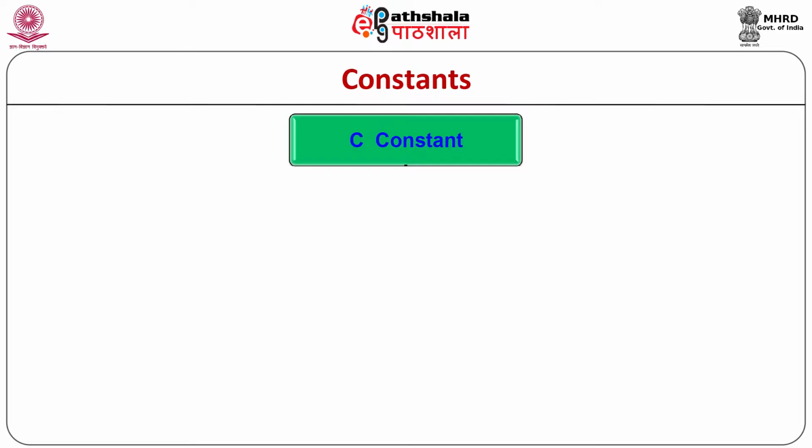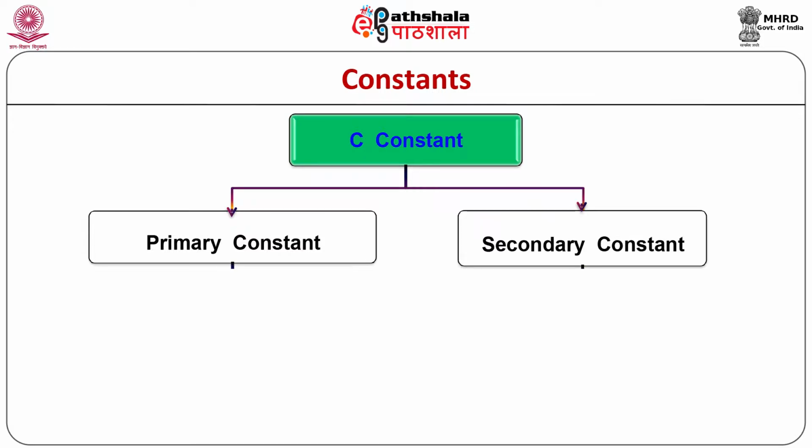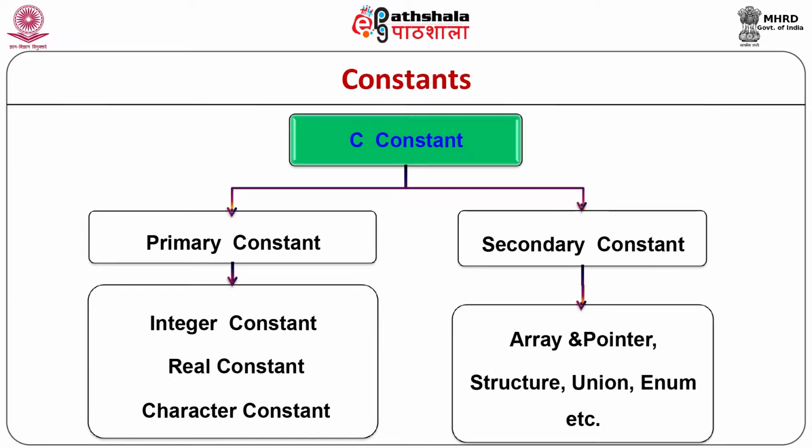Let us see constants used in C language. As we know, the constants in C are classified as primary constant and secondary constant. In primary constant, integer constant, real constant and character constant come into that section. Whereas in secondary constant, array, pointers, structure, union and enumeration data types come under secondary constant.